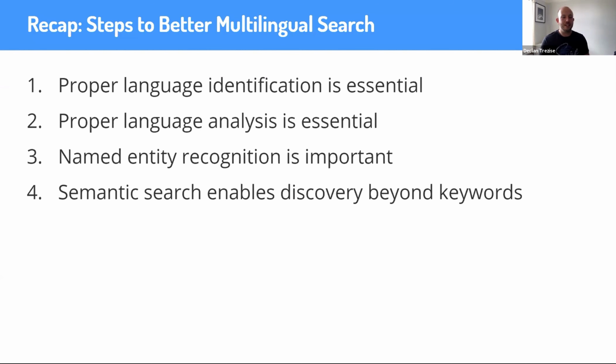But ideally, upfront, you want to get very accurate with your language identification, and then you want to be able to properly analyze the text that comes in to prepare it for search. So the normalization aspects, maybe doing lemmatization rather than stemming, doing decompounding rather than stemming a word before you've decompounded it.